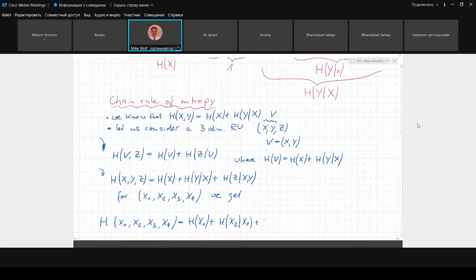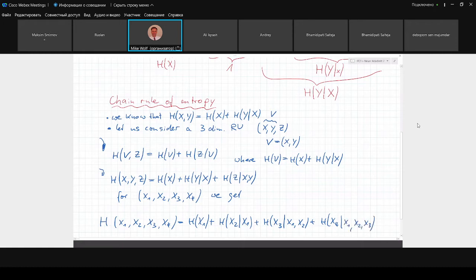Plus h of x3 given x1 and x2. So this was before. Plus h of x4 given x1, x2, x3.